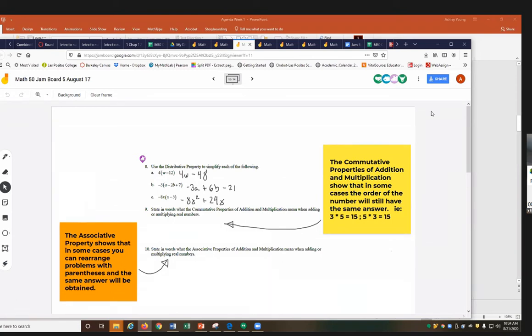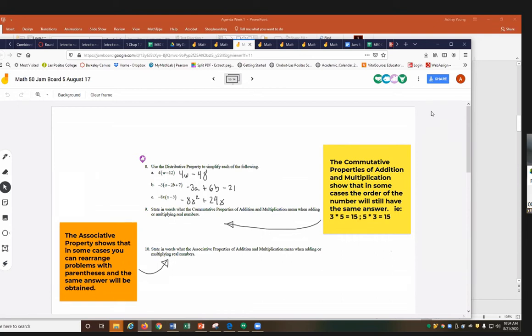Great. For 8B, I distribute the negative 3. So I get negative 3A, negative 3 times negative 2B becomes positive, so I get plus 6B, and negative 3 times 7 is negative 21.